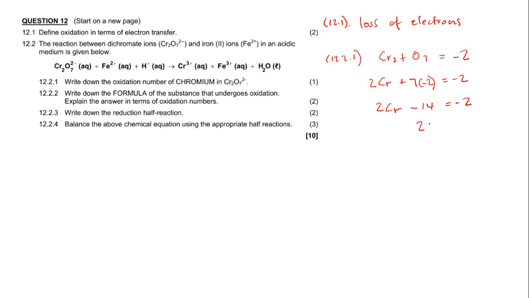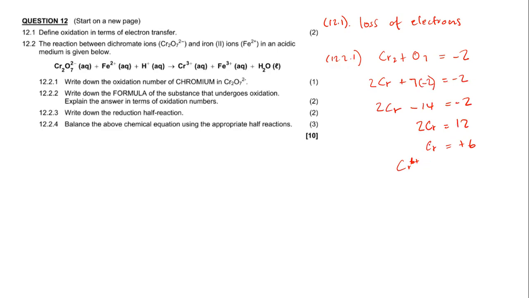Then 2Cr will be equal to, we transpose 14 to the other side of the equation, -2 plus 14, we get +12. Then we divide both sides by 2, Cr will be +6. So that means we have Cr 6+ over there. You start with the number inside.